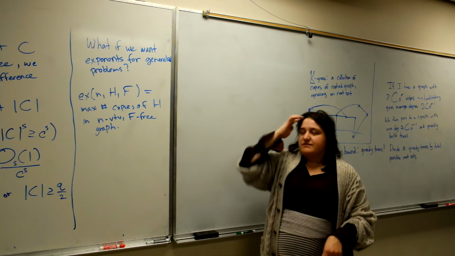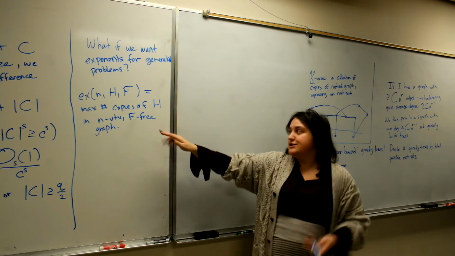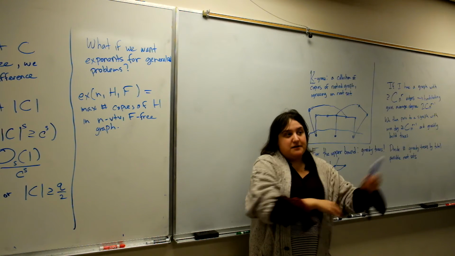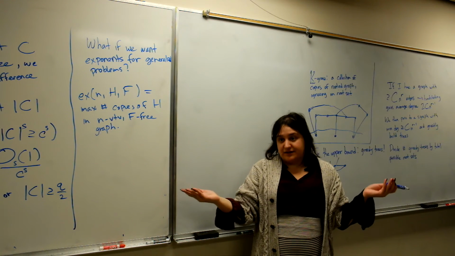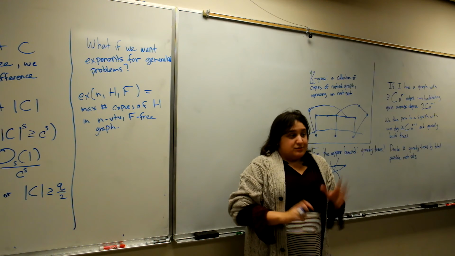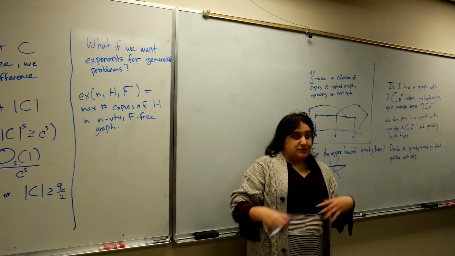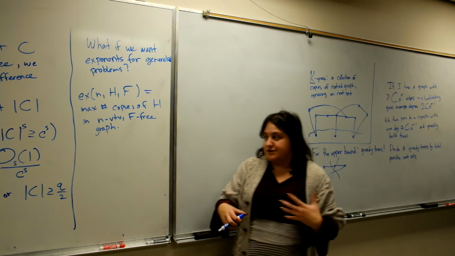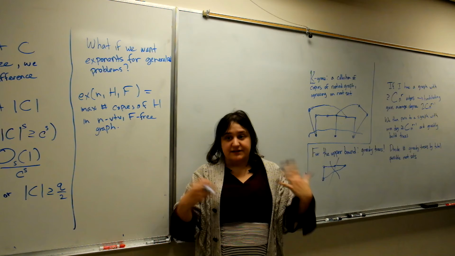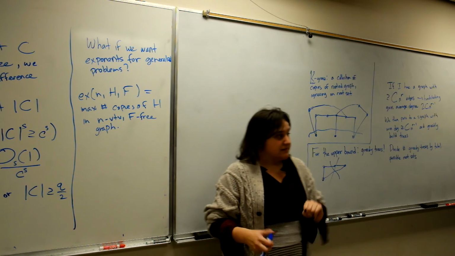And I mean, a natural generalization: if you replace H with an edge, this is the standard Turán number. Basic results from Turán theory also extend to the generalized setting. In particular, there is a degeneracy result, which is similar to the statement that your extremal number is little o of n squared if and only if you're bipartite.